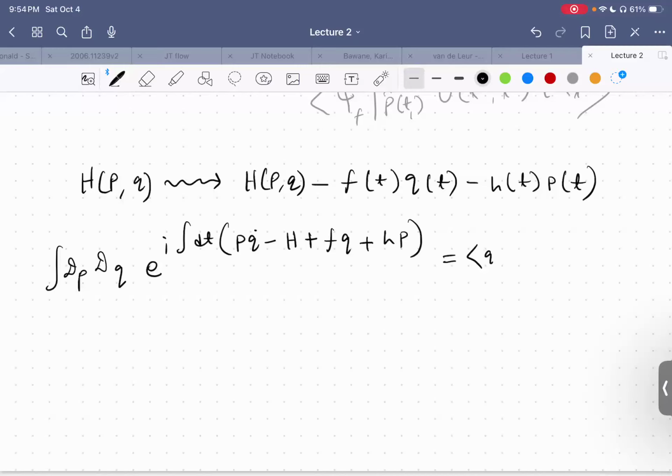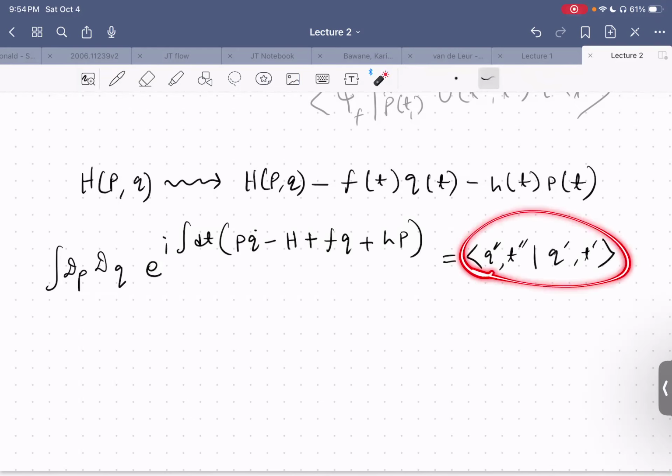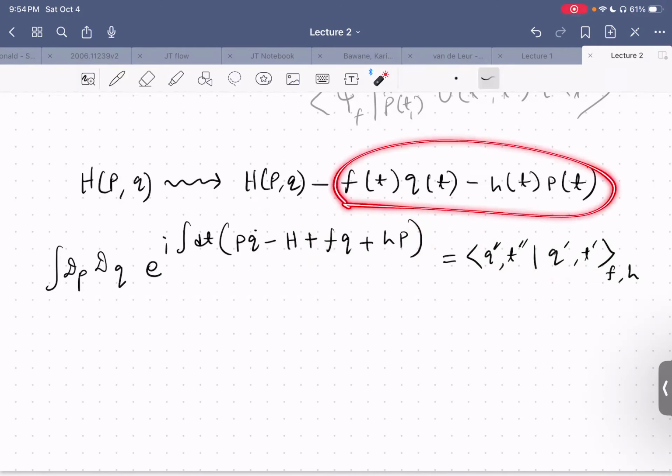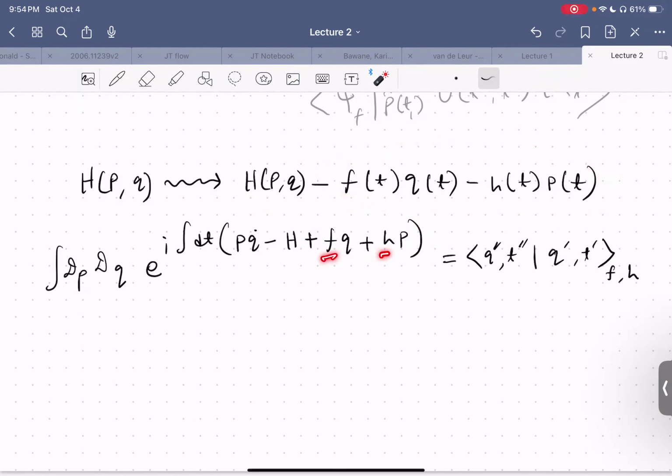This was the transition amplitude. But to distinguish this transition amplitude from the one that we had previously, because now we have this modification, let's denote them by f and h. So this is the transition amplitude when we have modified our Hamiltonian by adding this extra bit. And this extra bit has no physical meaning because we said that f and h are some fixed arbitrary functions.